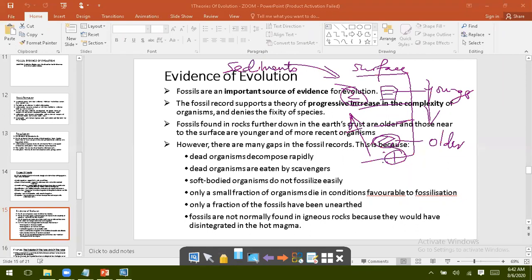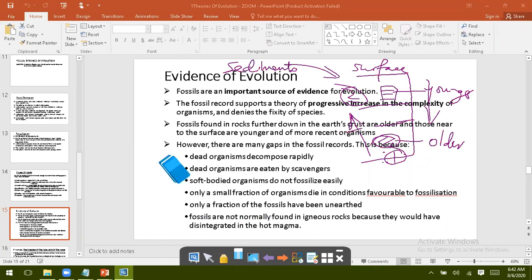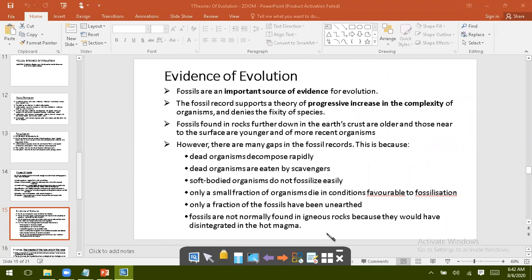All right, but there are some gaps in the fossils that are found, and these are the reasons why there are some gaps in the fossils. I'd just like to introduce to you one term that you can look for. Missing link.